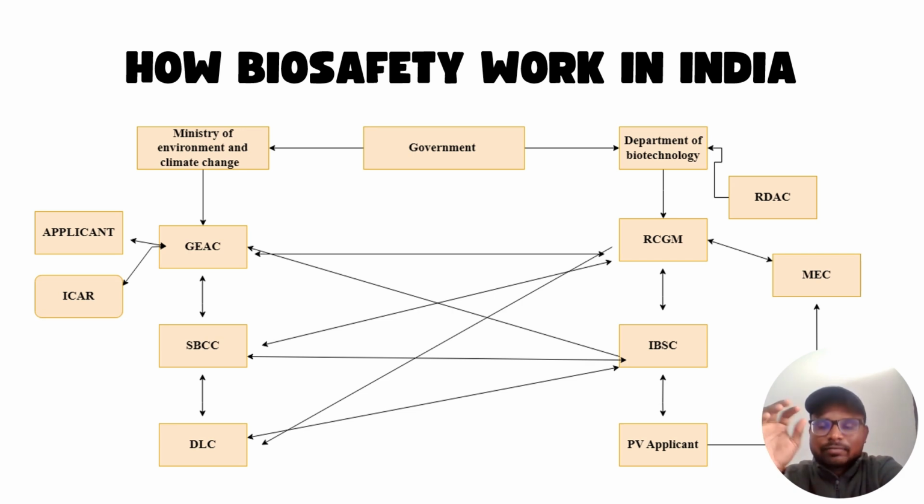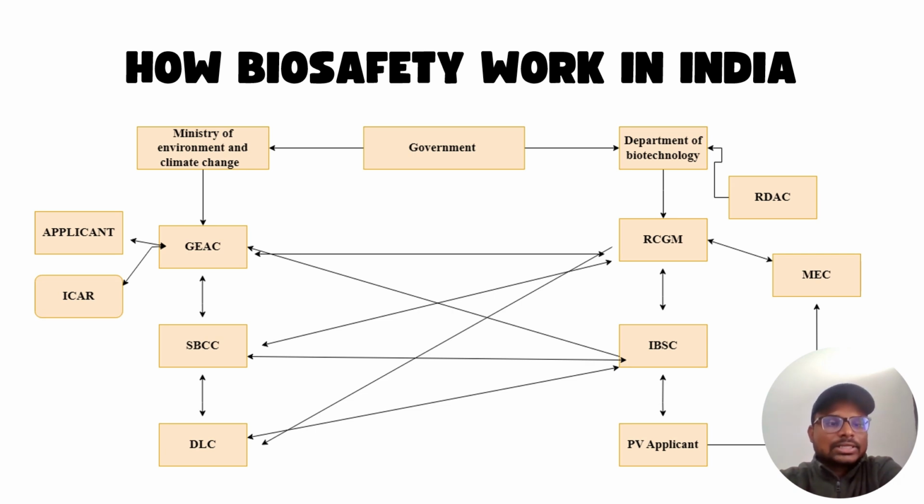Then at institution level, it will evaluate research guidelines and safety containments to develop transgenic varieties. After that, the Review Committee on Genetic Manipulation will give guidelines, and they evaluate the transgenic varieties after getting approval from the Genetic Engineering Appraisal Committee.